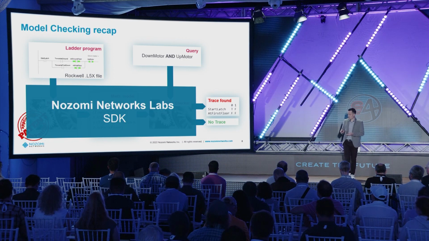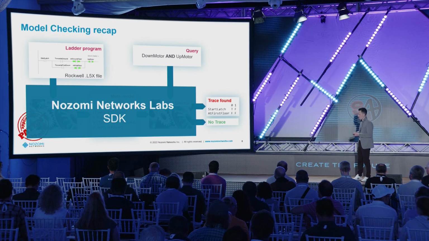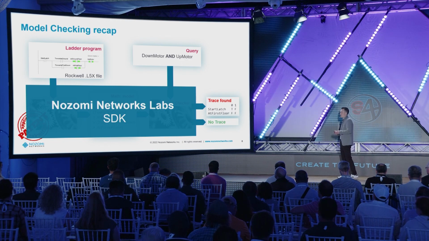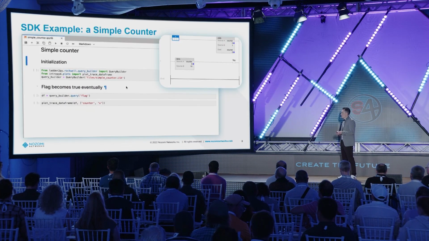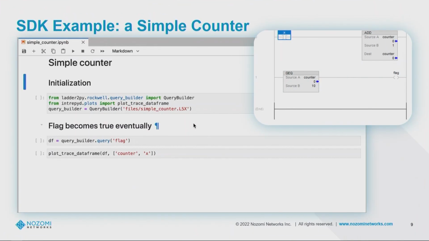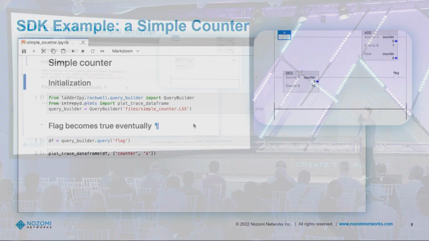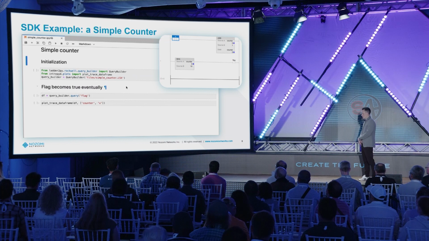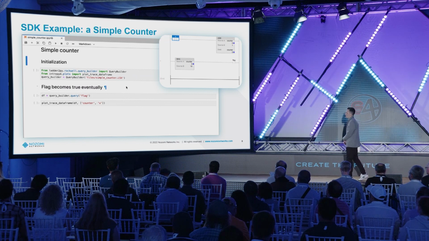You won't see all these details in the next slides, but everything is wrapped by our own SDK, which looks like this. Some of you might be familiar with this UPython programming environment. Essentially, it allows you to write Python code and also produce some nice graphics, if you like.